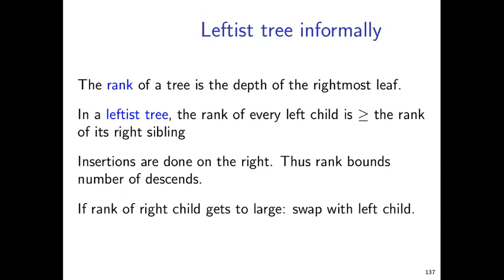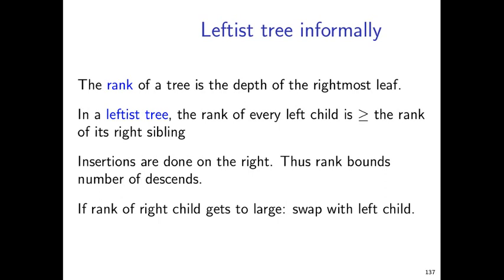So we insert something on the right, and this tree gets bigger and bigger. At some point, if its rank is higher than the left tree, we just swap the two trees to restore the leftist heap condition. And swapping two subtrees remains a heap with the same meaning. So that's the rough intuitive idea.